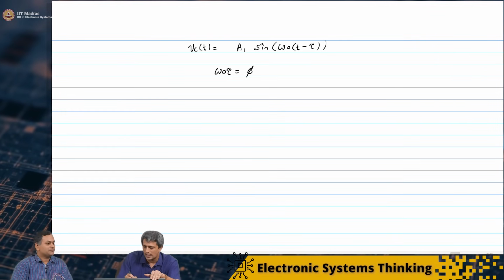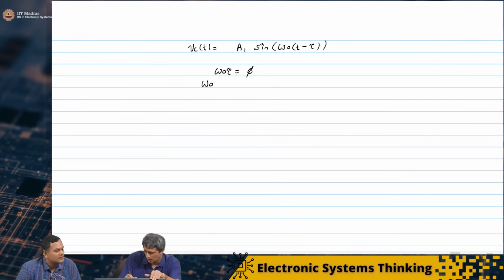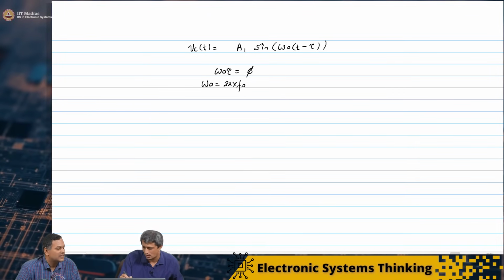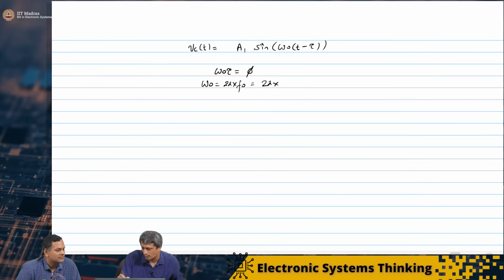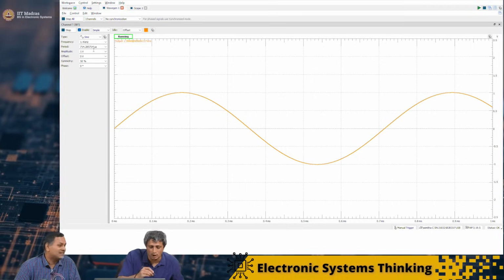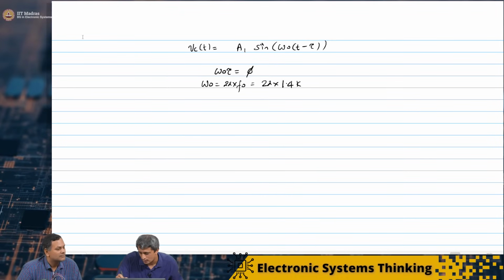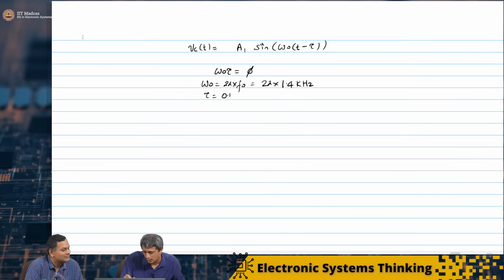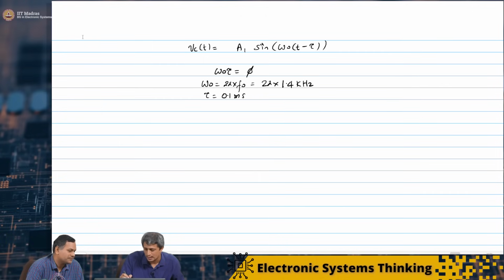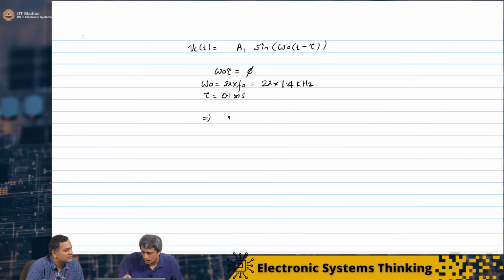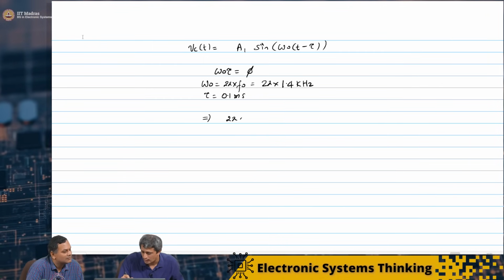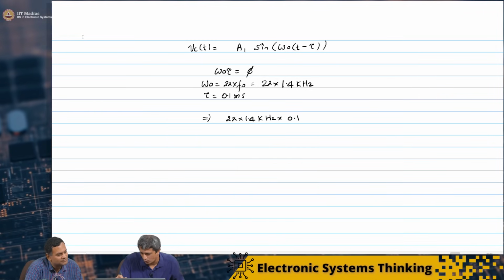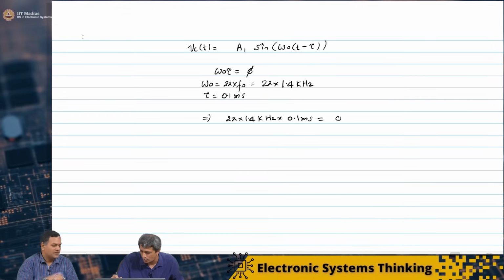We know omega naught, which is 2 pi into f naught, and that is 2 pi into 1.4 kilohertz. And we know tau is 0.1 milliseconds. This implies 2 pi into 1.4 kilohertz into 0.1 millisecond equals phi, in radians.